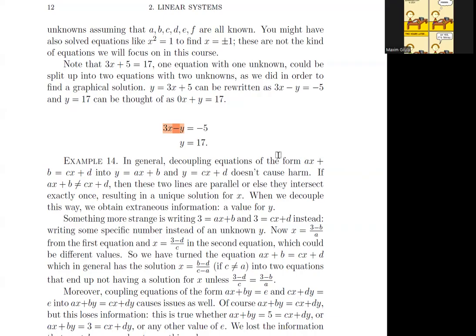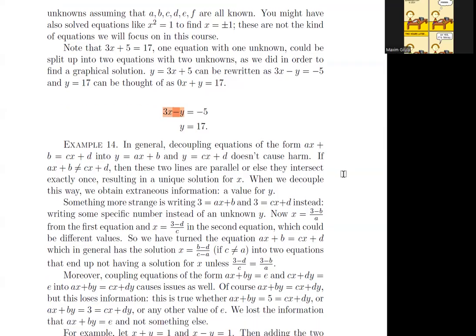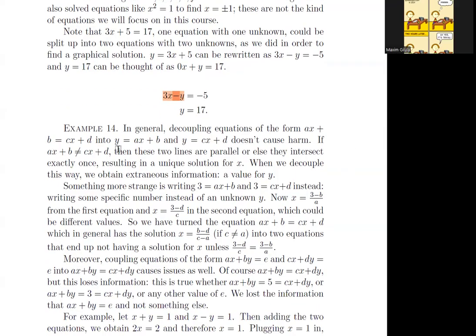In general, we could call this decoupling an equation. We take one equation and split it into two equations. So ax plus b is cx plus d is the kind of equation we decoupled, where c just happened to be 0. If we do this, these two lines could be parallel or they intersect exactly once, resulting in a unique solution for x.